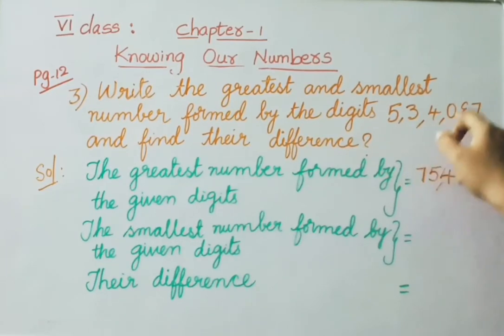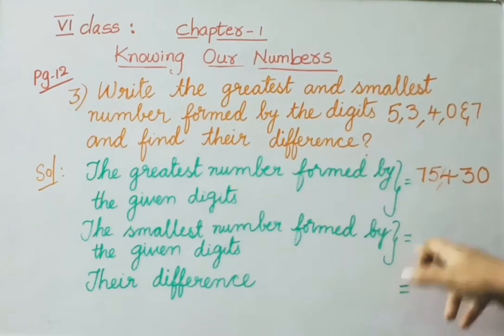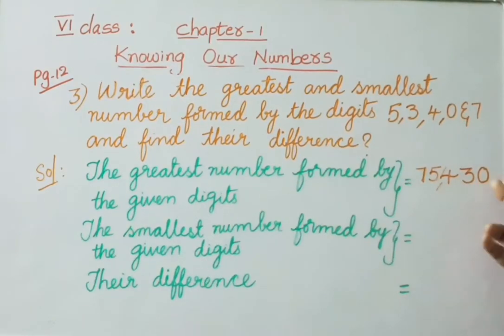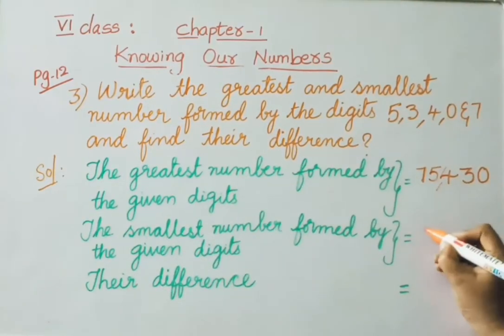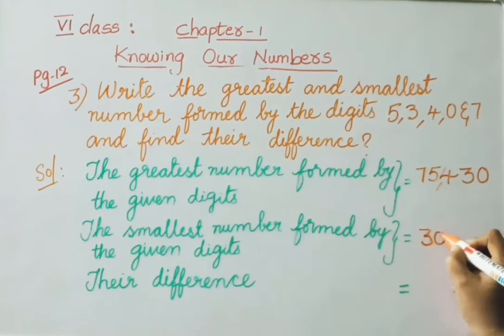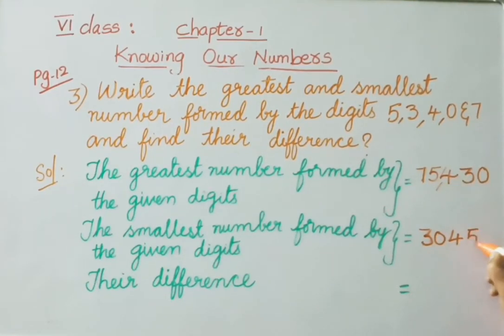0. If you write 0 in the first place, our number will be formed as only a 4-digit number. So to make it a 5-digit number, you just reverse these two values. So first you write 3, then it is followed by 0, then write the rest in order 4, 5, 7.